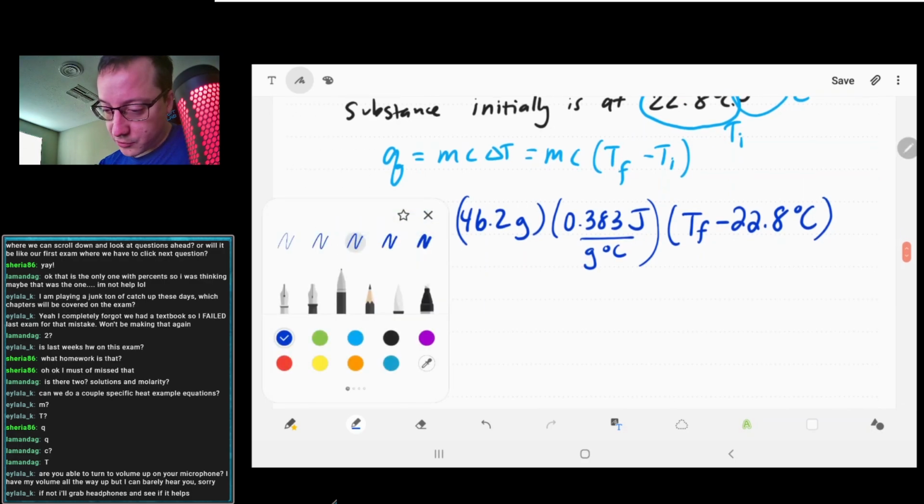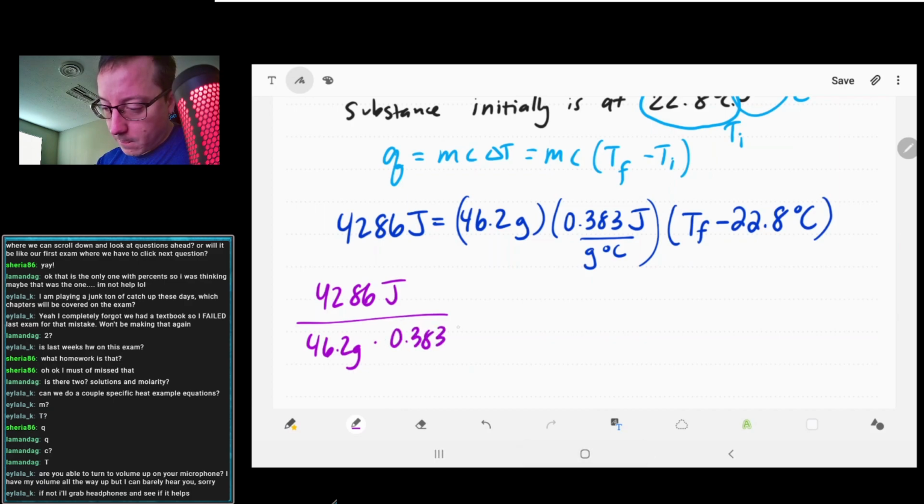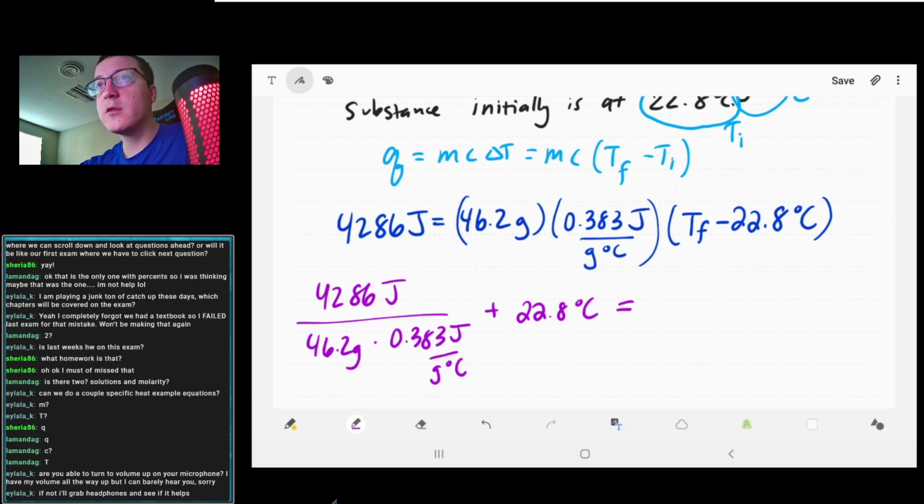Just to make sure that we're all on the same page with the algebra, what we should get is this: 4286 divided by 46.2 divided by 0.383, and then we add 22.8.